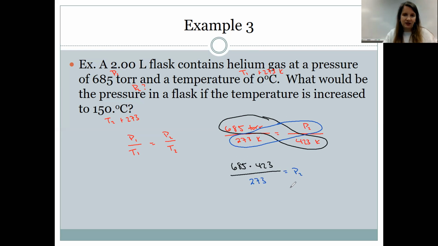So 685 times 423 divided by 273. I'm going to have 3 sig figs again on this one. So even though the calculator says 1061.373, my answer is going to be 1060. And my pressure units were torr in this case, so I still have torr for my pressure units for P2.